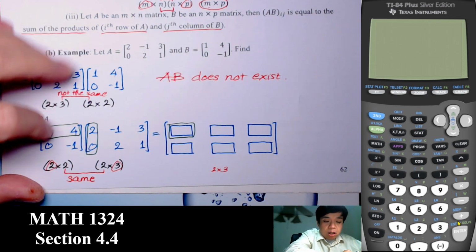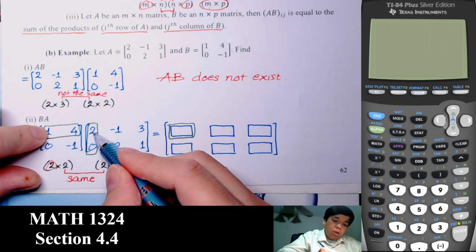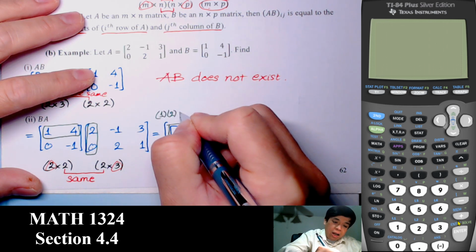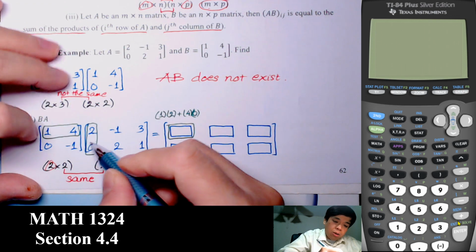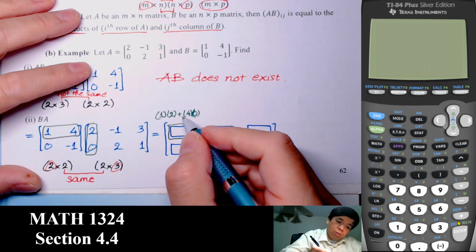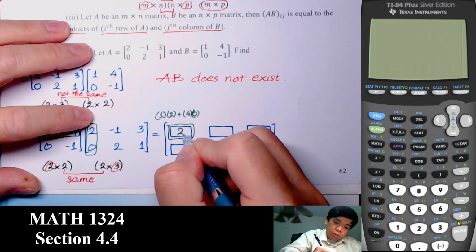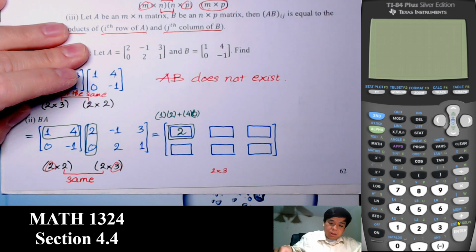We take the product of 1 times 2, then 4 times 0, and we add the products. 1 times 2 plus 4 times 0. 1 times 2 is 2.